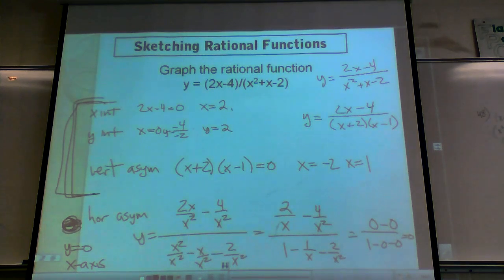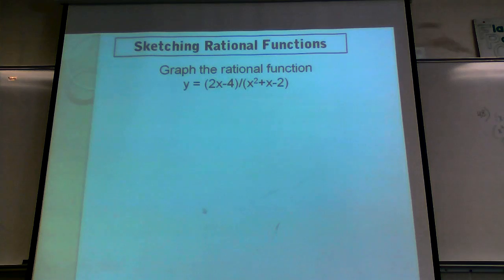I want exact answers, not rounded decimals. So you need to be familiar with this and make sure you can do everything that we did, process-wise. All right, so I'll go to the calculator now.